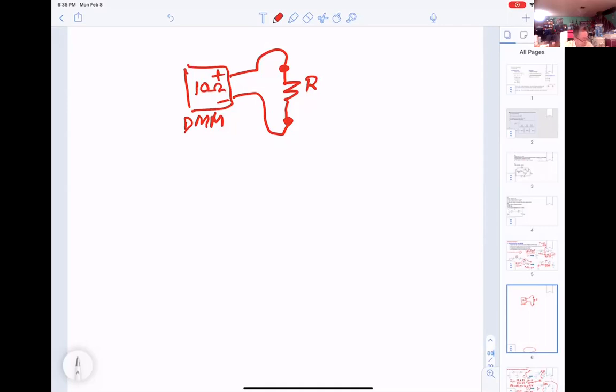However, do you know how the meter knows the value? What will happen? Okay, I tell you. When you try to measure resistance, the DMM sends the current I out. Then it measures the voltage V across here.